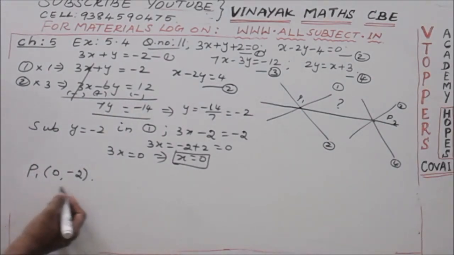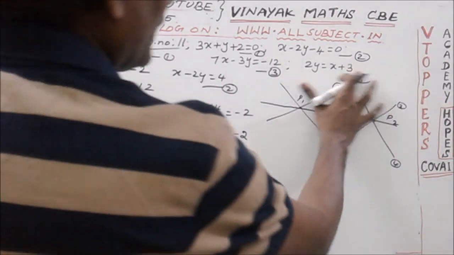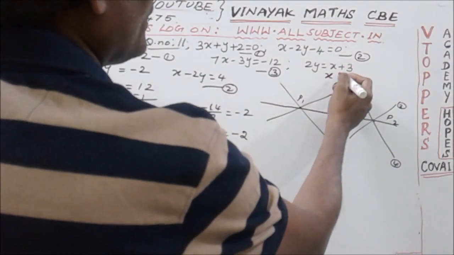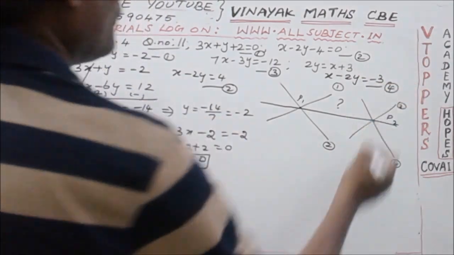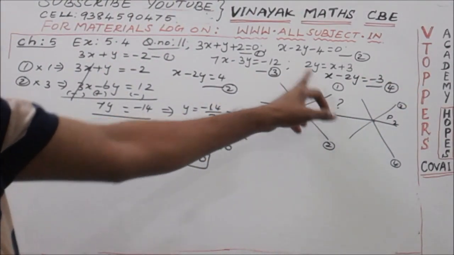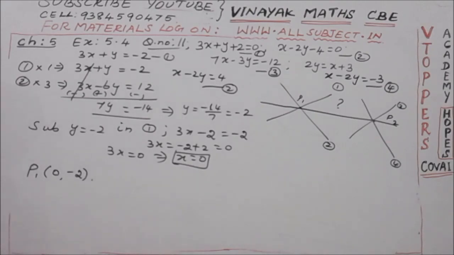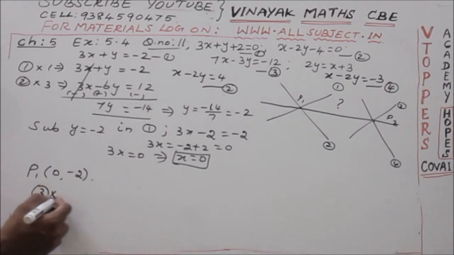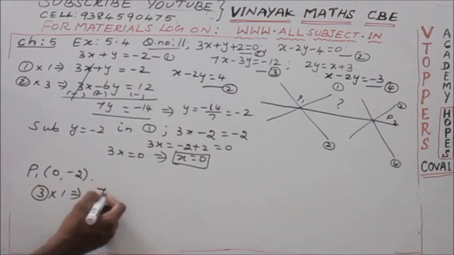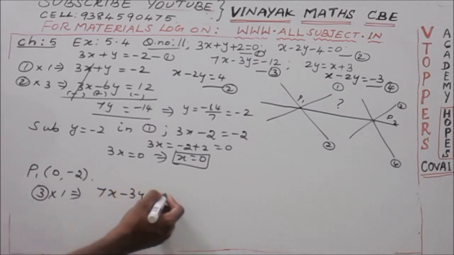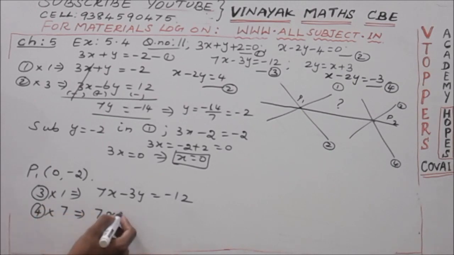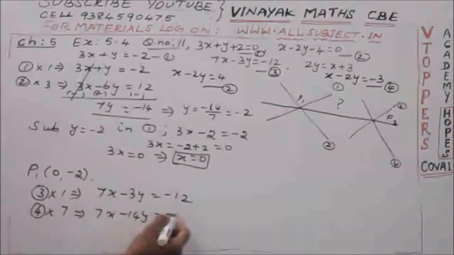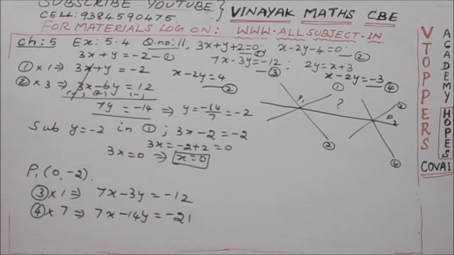So 3 is in proper form, and 4 we can arrange as x minus 2y equal to minus 3. This is equation number 4. Now keep the third equation the same, 3 into 1, there is no change in it, 7x minus 3y equal to minus 12, and multiply the fourth equation by 7, we will get 7x minus 14y equal to minus 21.